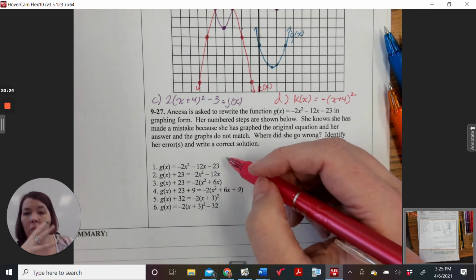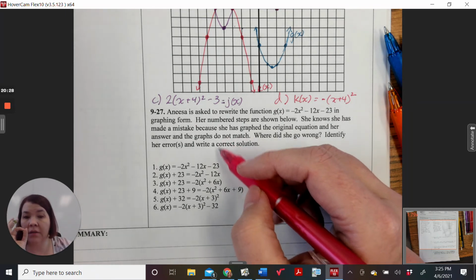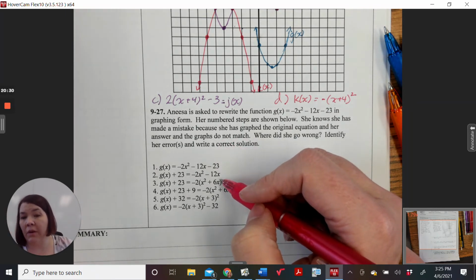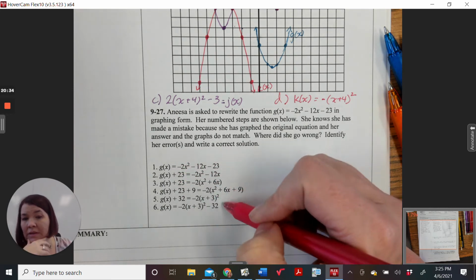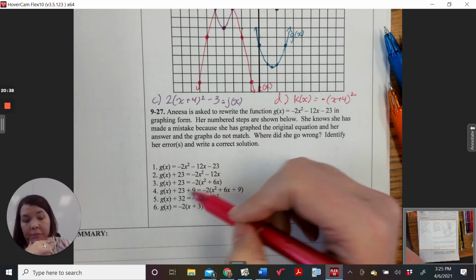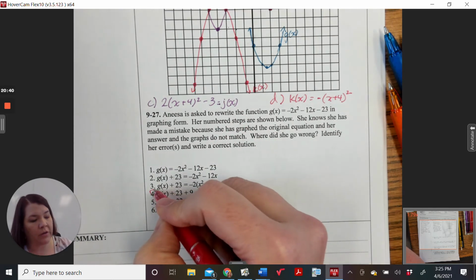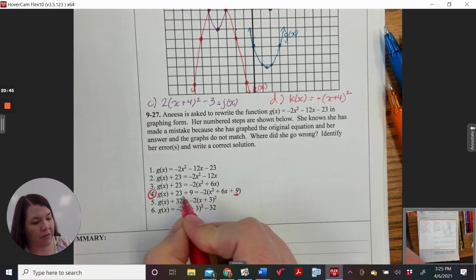So when we talk about where she went wrong in steps like this, we're looking for the first step that is wrong, that is not equivalent to the line above. One easy way to find it is to actually type this into decimals and see when it stops matching. It's on line 4. So line 4 is her error. And it happens to be because of this.